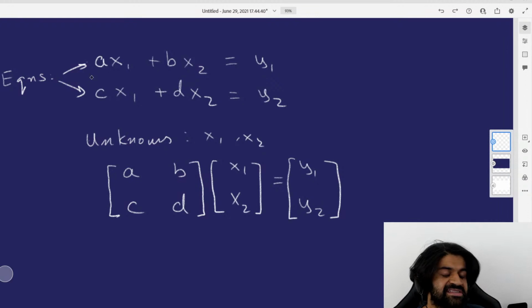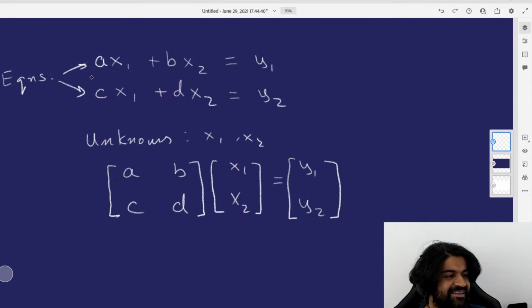So keep in mind, A, B, C, D, y1, y2 are all knowns here. x1, x2 are the unknowns in this situation. Okay, here's what I'm going to do. In order to solve for x1, I'm going to add stuff to this matrix equation. So the matrix equation currently says ABCD times x1, x2 equals y1, y2.